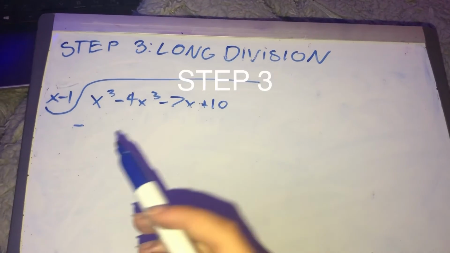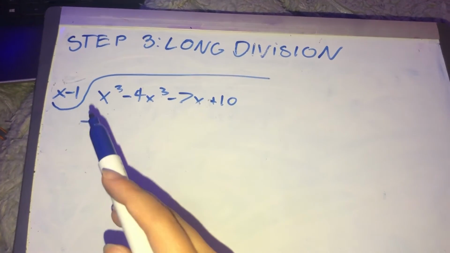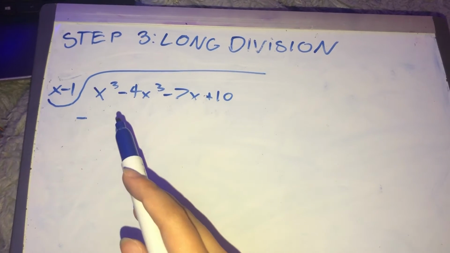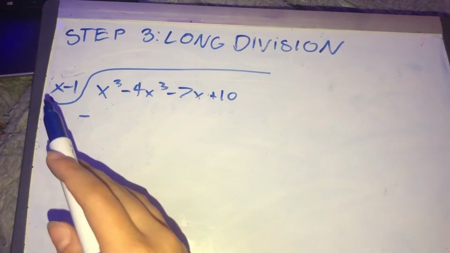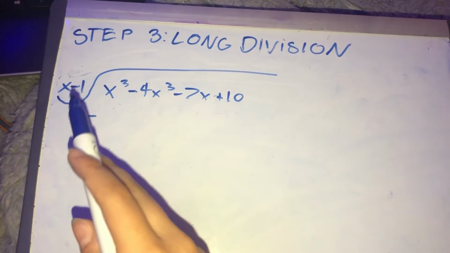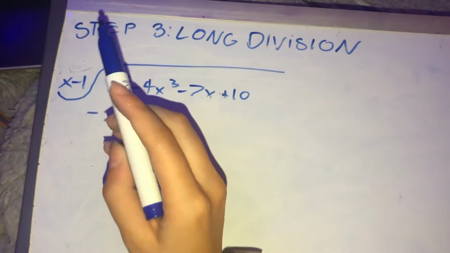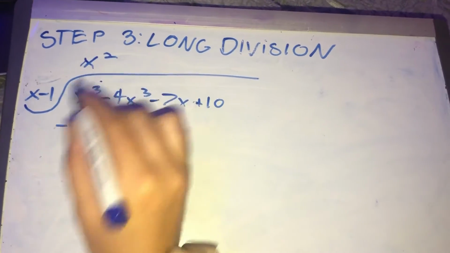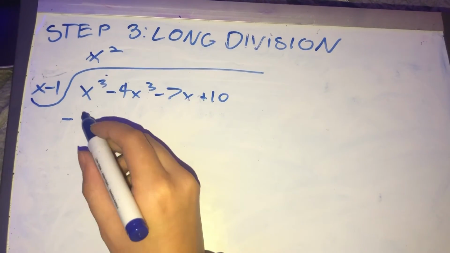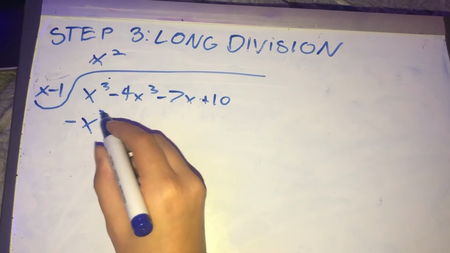Once we get our first factor of x minus 1, we can use it as the divisor and divide the original polynomial. In order to complete long division, we see how many times x needs to be multiplied in order to get x cubed. So that means x squared. We multiply x by x squared, and that gives us x cubed again.